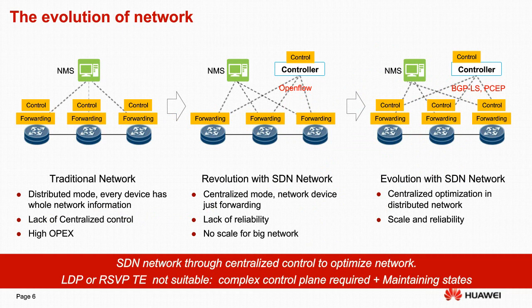Okay. At first, maybe we can review the evolution of the network. From our view, there are three stages. At the beginning, it is the traditional network stage. Even though the technology changed from native IP to MPLS, its basic characteristic is similar.